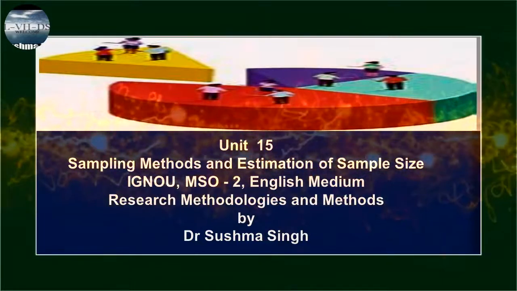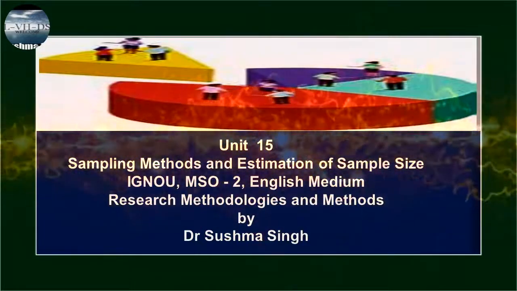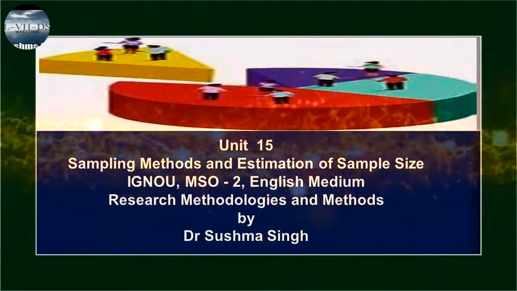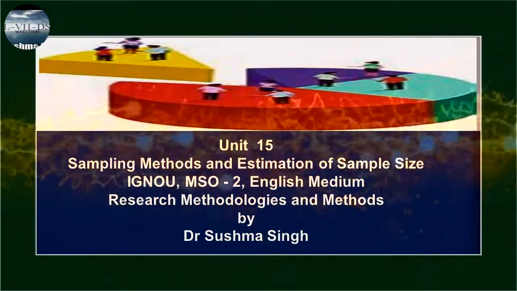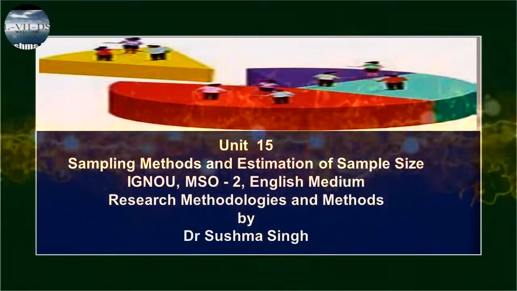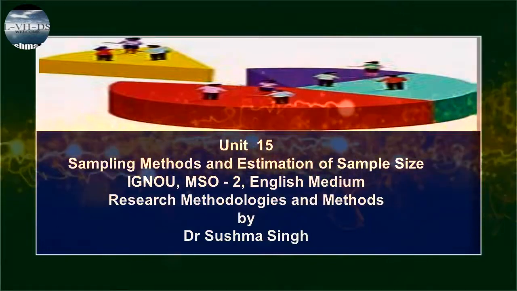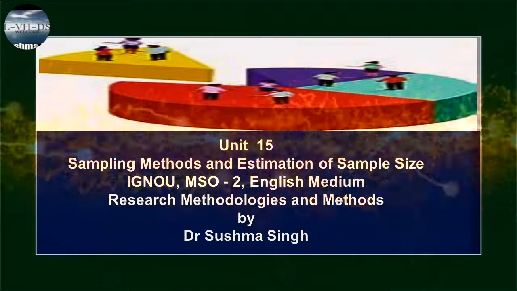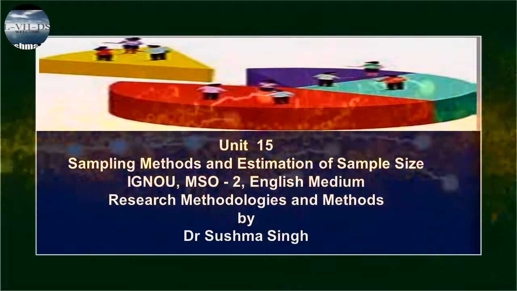Now let us conclude the unit. In this unit, we discussed the important subject of sampling and provided you with relevant information on different methods of sampling. Further, it brought to you the skills of calculating the sample size.